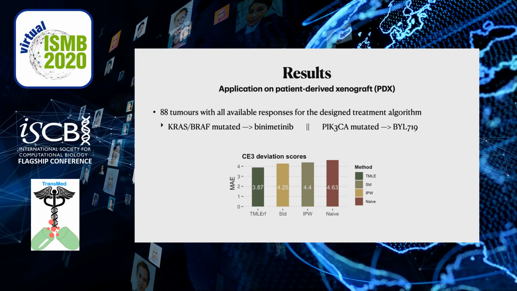And we can compare that with the ground truth from PDX. So we have the naive method, that's just straightforward association. And then those three methods, TMLE, STD, and IPW, are different implementations of the statistical estimators I presented. In this case, the mean absolute error between ground truth and estimation is lower with our statistical methods.